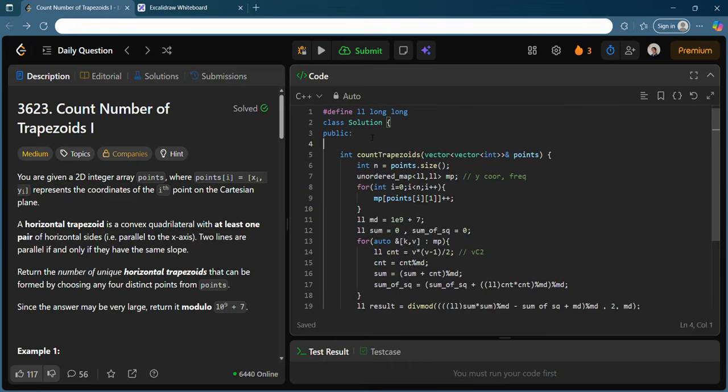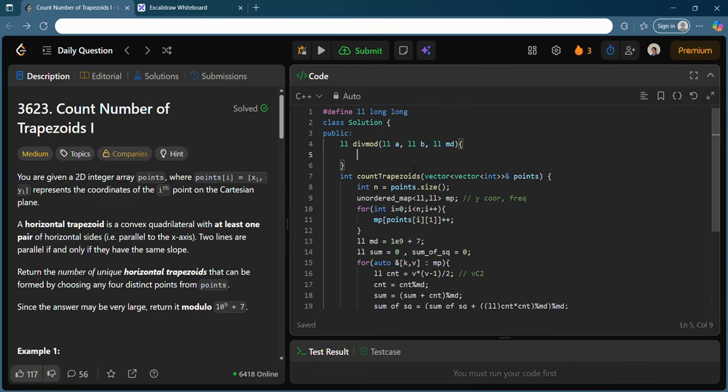So now, as I told you, how exactly will you calculate this div mod? So long div mod will be your answer. So long a is there, b is there, and you have this mod with you also. Okay, so what exactly you need to calculate here is this.